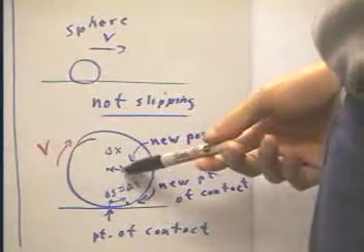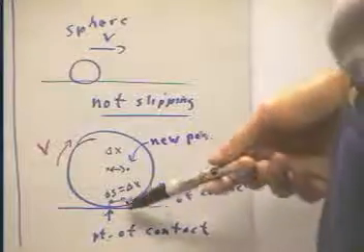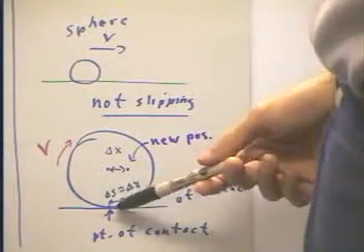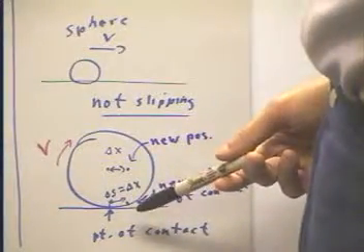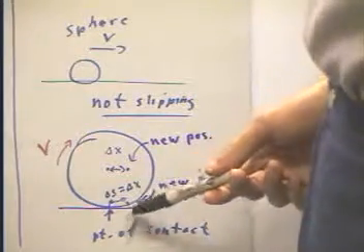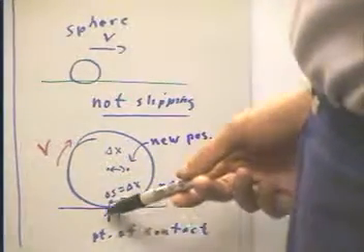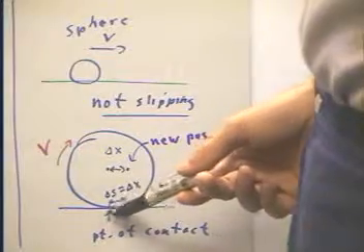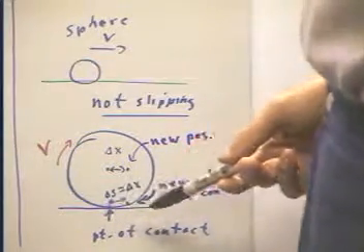But if we move from here to this new position, then a point on the surface has to move an equal distance, okay? And the point of contact will move an equal distance.